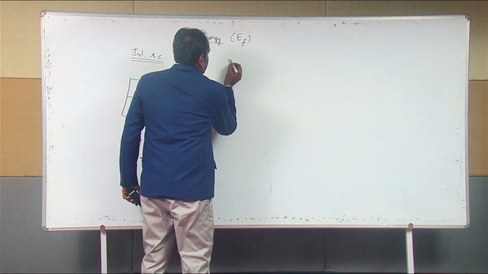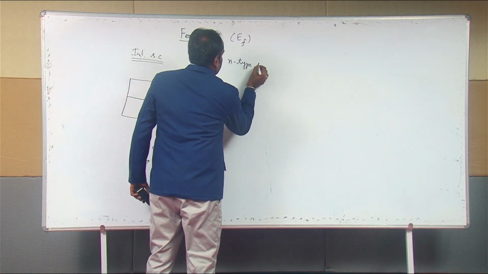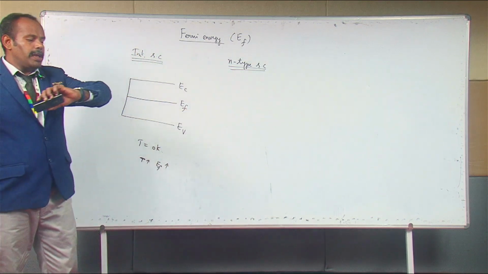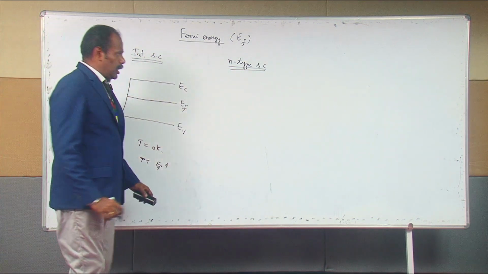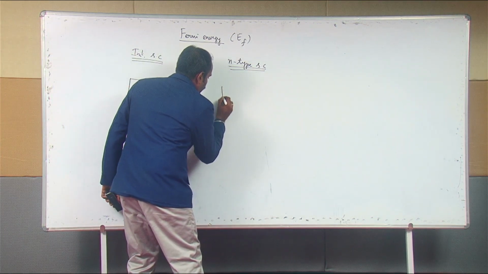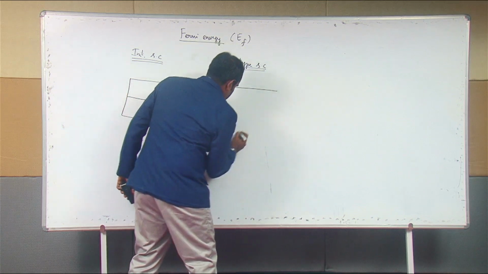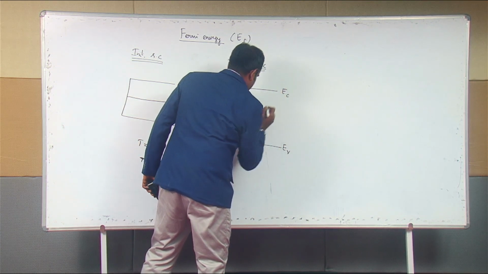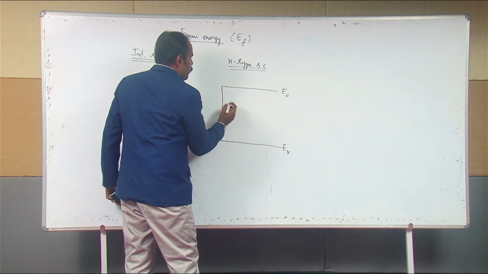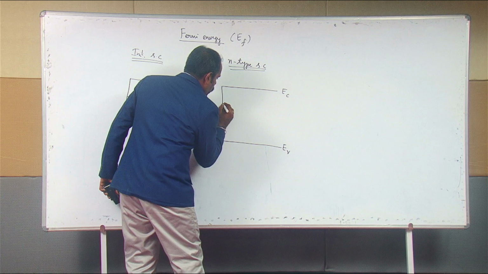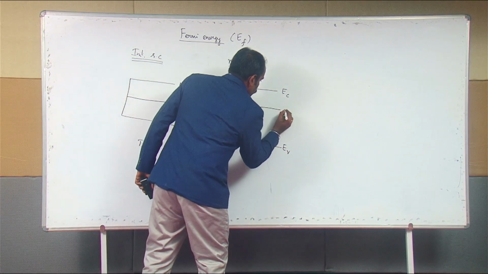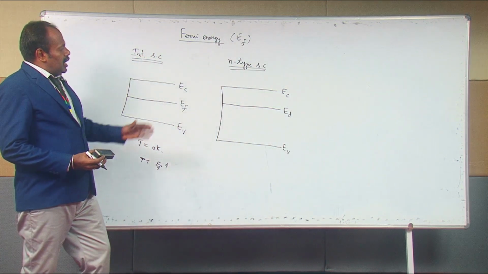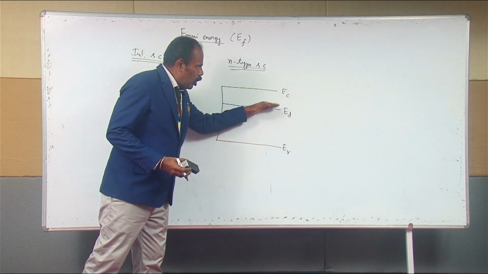If you focus on the n-type semiconductor, you could see that you have three energy levels involved. One is the valence band and the other one is the conduction band. Due to the addition of the pentavalent impurity atom, we also have the introduction of the donor energy level, which we refer to as ED, present slightly below the conduction band.